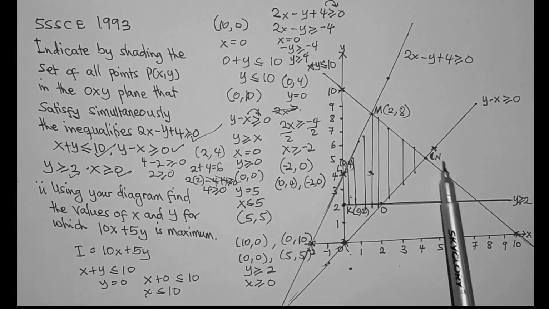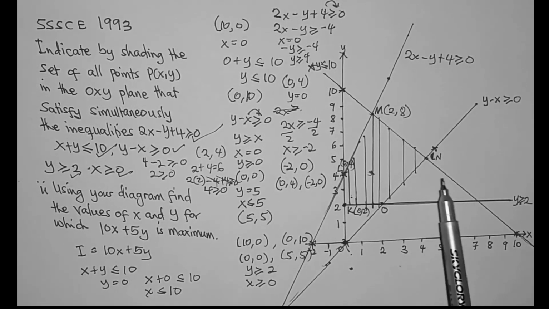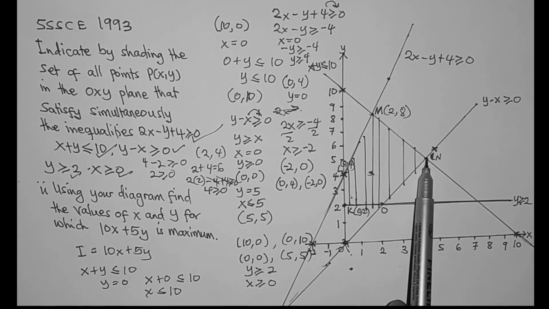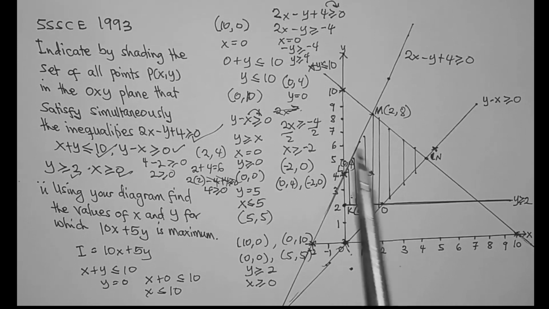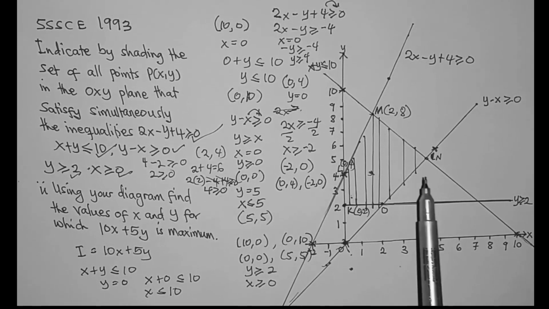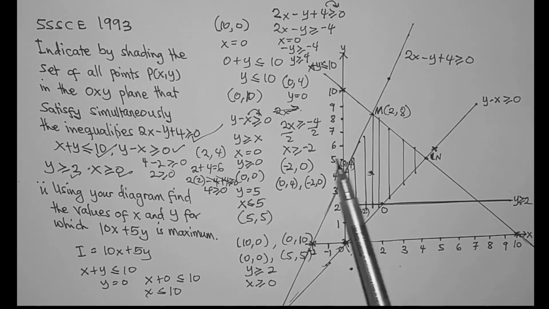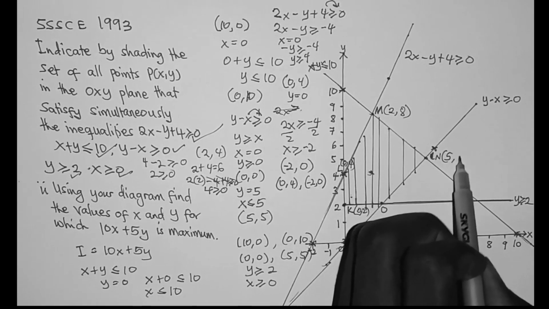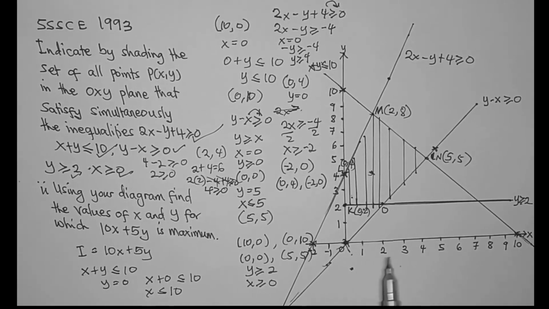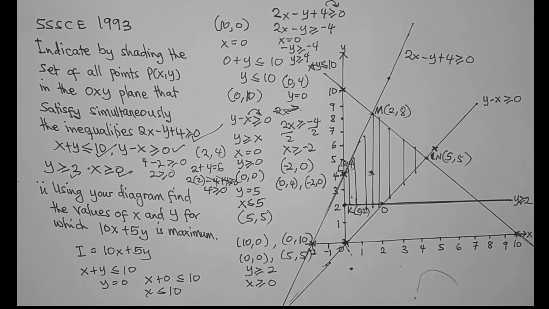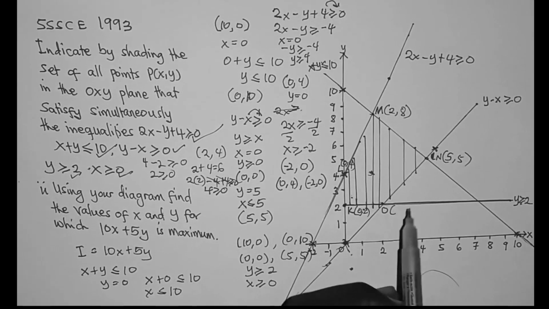And then N is this point. So you can see that this point is somewhere around 5. Now my graph has not been drawn to scale, and therefore if we do it on the actual graph, you find out that the value of N is 5 on the y-axis and then 5 on the x-axis. So it is 5, 5. And then the value of O, see that O is 2 on the x-axis and then 2 on the y-axis. So the coordinates for O is 2, 2.